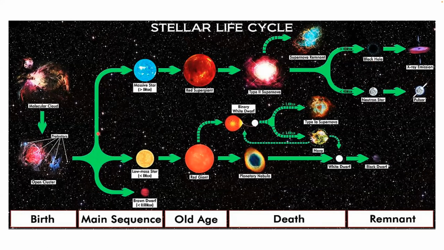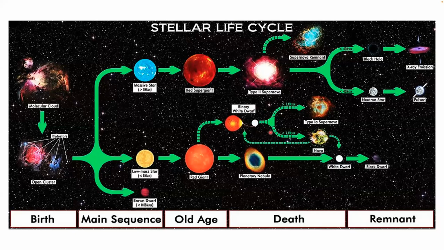On the other hand, when you look at this path right here, if the initial mass of the star is less than 8 times the mass of the sun, again it will become a red giant. And after a red giant, this particular star will become a white dwarf.